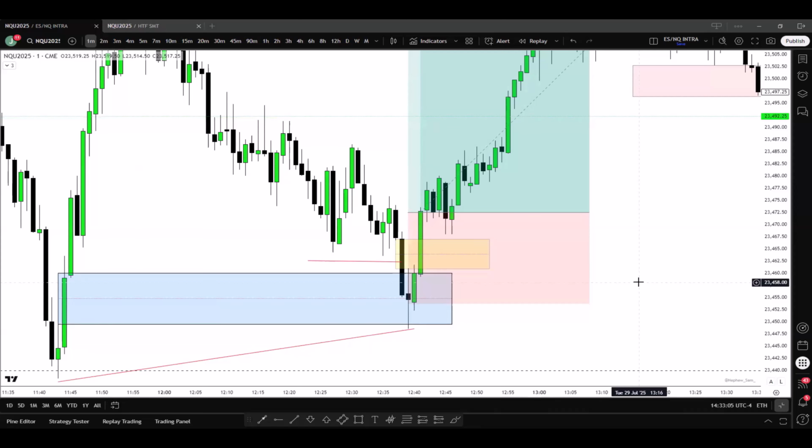I can see the liquidity taken. I can see price coming into that fair value gap. I can see the momentum of the inversion, right? It has to be light bulb. If it's not light bulb, don't take it. Okay? That is our entry model.